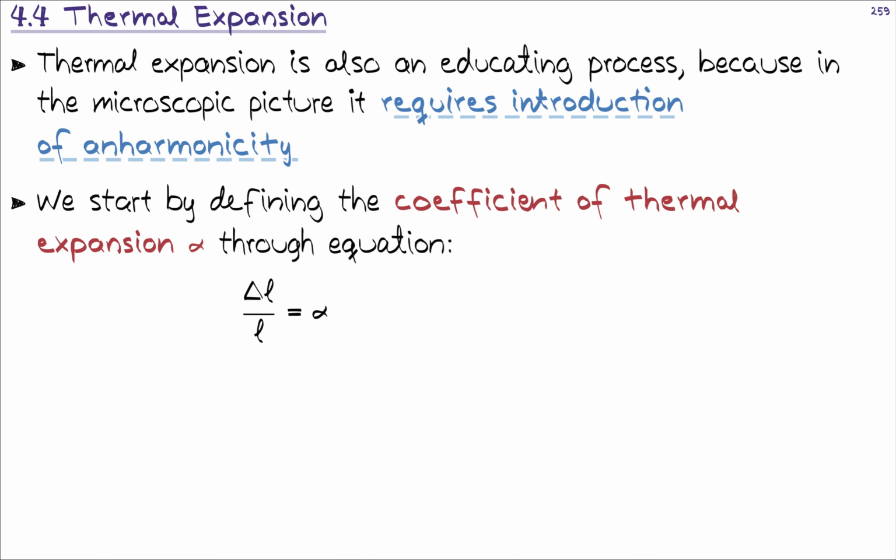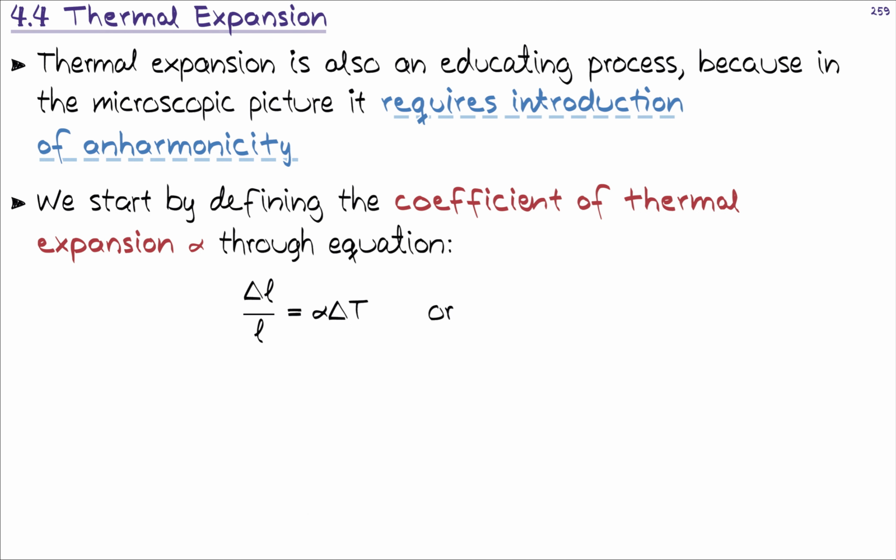This gives us the possibility to define alpha, the coefficient of thermal expansion, by multiplying alpha with delta T. So if we change the temperature, let's say 10 degrees, and we know alpha, then we see that it will give a small change in the relative length of our solid that originally, at the starting temperature, has a length of L.